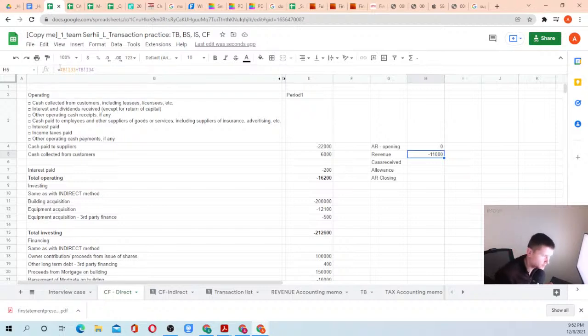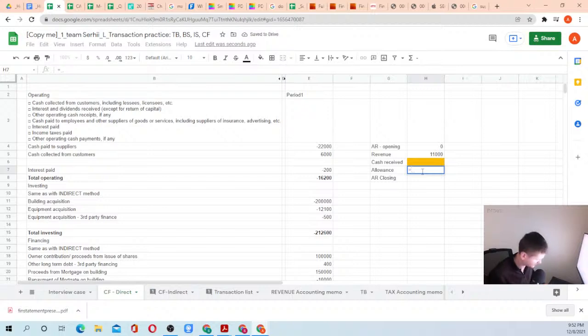Okay, we will have to keep revenue as a debit here. So our revenue increases our AR. So our cash receipt, we will calculate that number. That will be a balancing number.